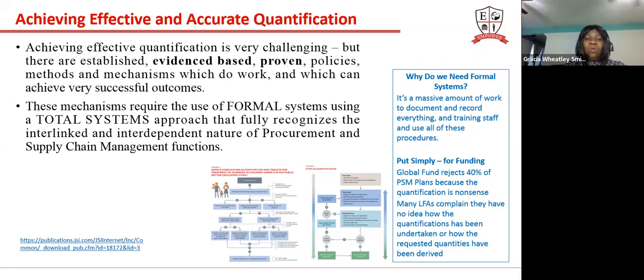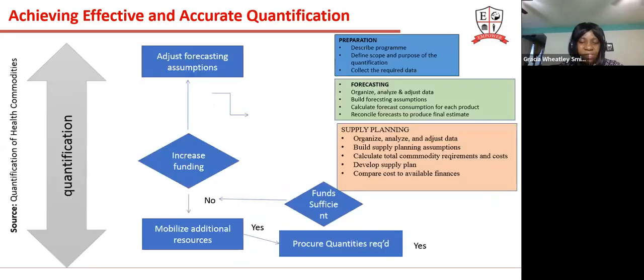These mechanisms require the use of formal systems that have already been established, using a total systems approach, getting everybody involved, all the systems involved, that fully recognize the interlinking and interdependent nature of procurement and supply management functions. Although there may be different functions, they all come together in order to achieve effective and accurate quantification.